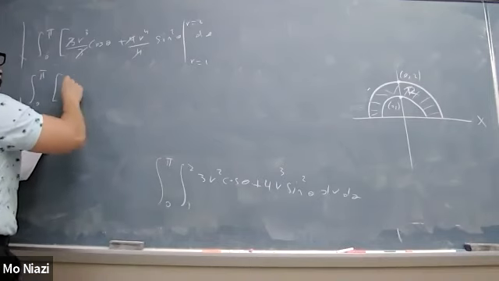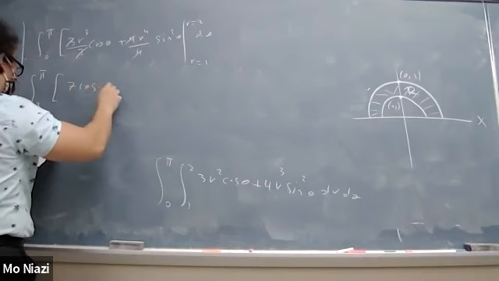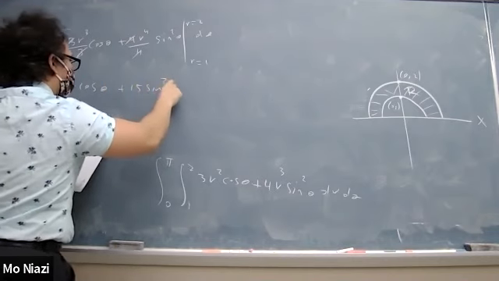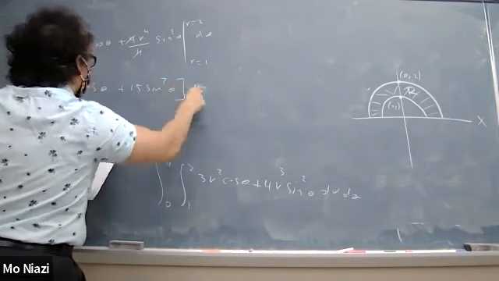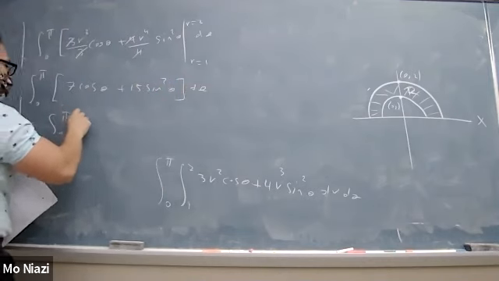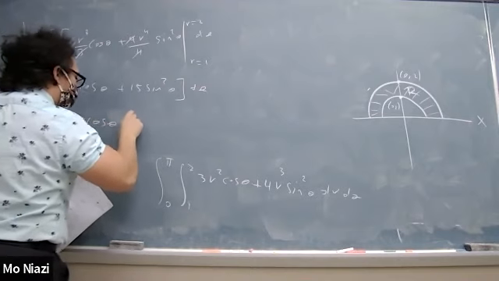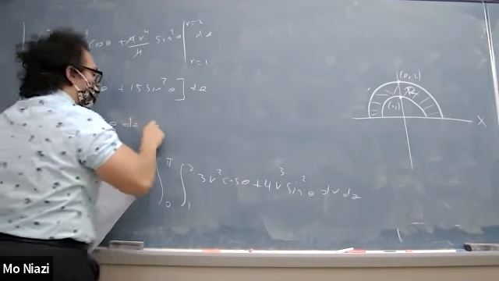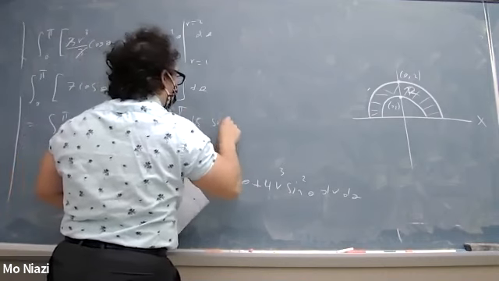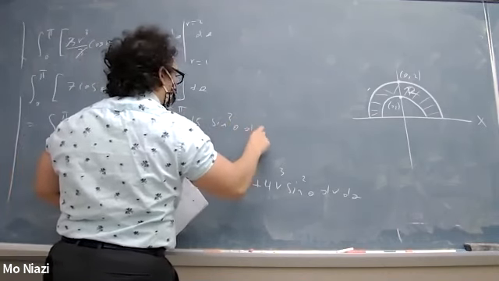We get 7 cosine of theta plus 15 sine squared theta d theta. And then we distribute this: integral 0 to pi of 7 cosine of theta d theta plus integral 0 to pi of 15 sine squared theta d theta.